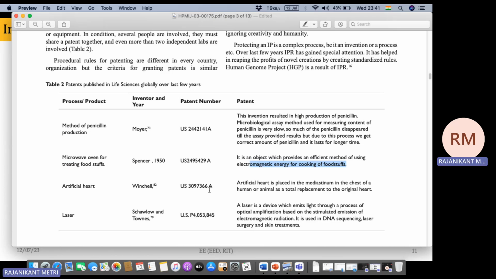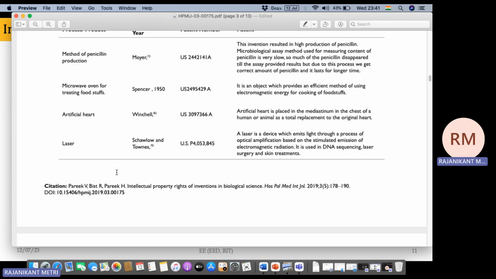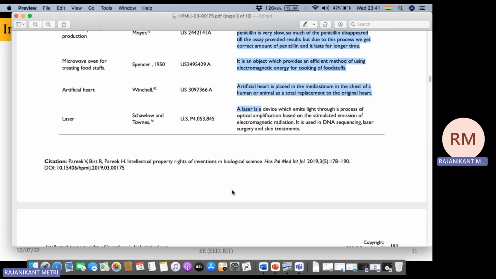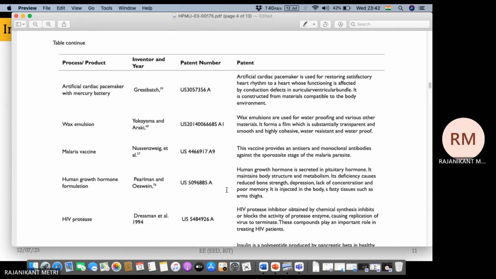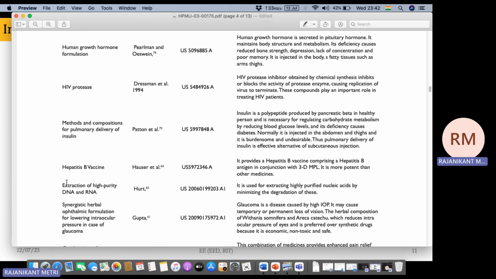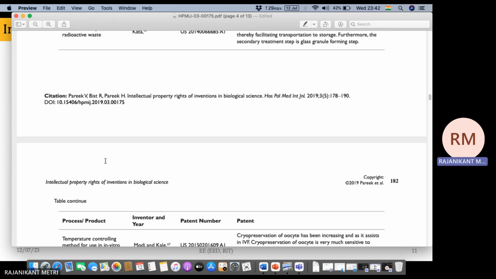For such a purpose, one can use this device. Then artificial heart, laser. These are all the inventions given in this table. Some more are given here: wax emulsion, a malaria vaccine, HIV protease, hepatitis B vaccine, and these are all related to the biological sciences.